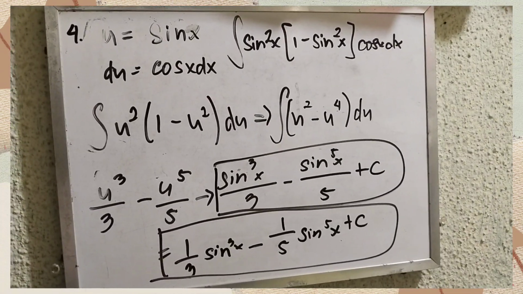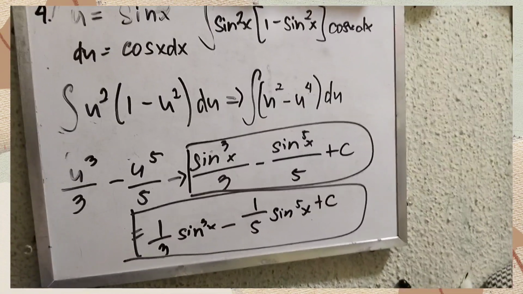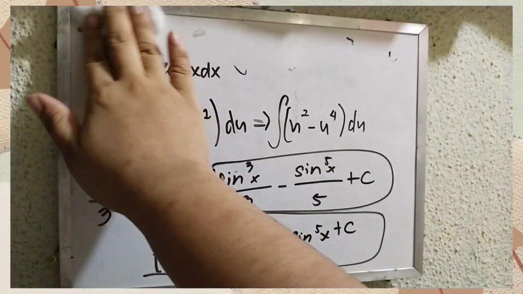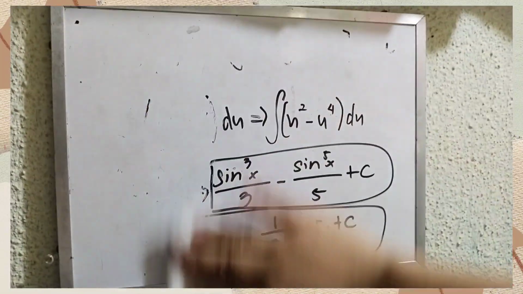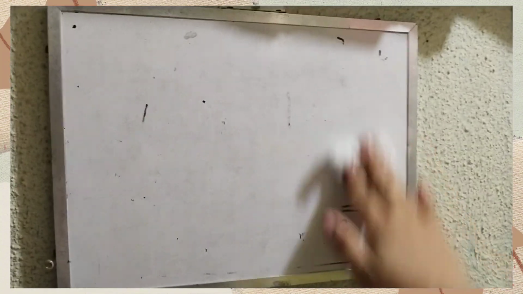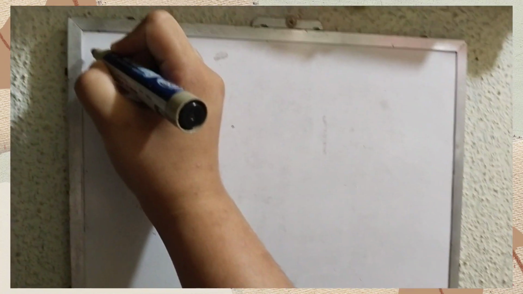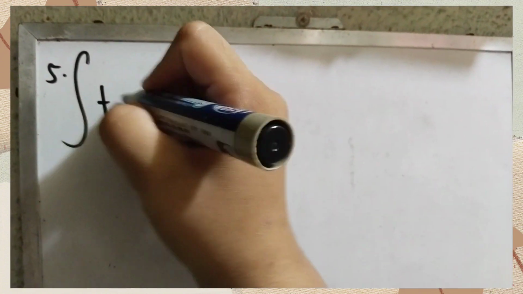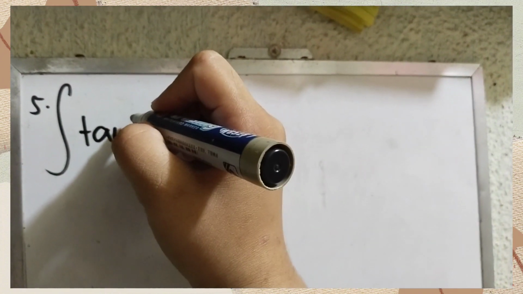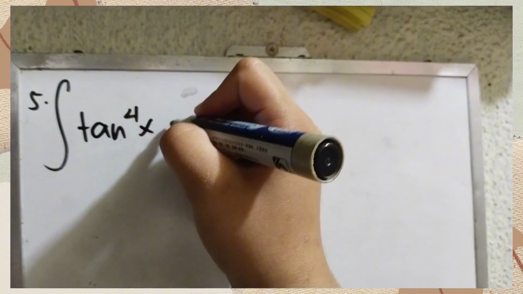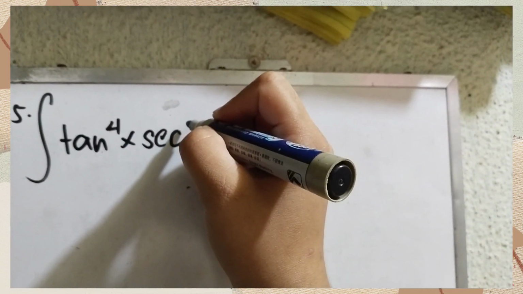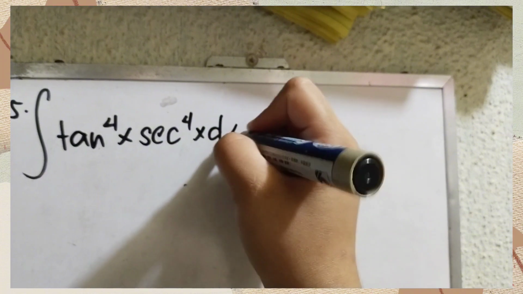Okay, so let's have example number 5, and this will be our last example. We have the integral of tangent to the fourth x times secant to the fourth x dx.